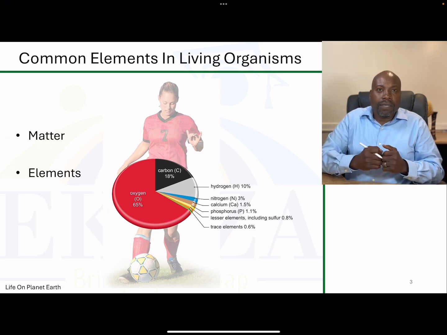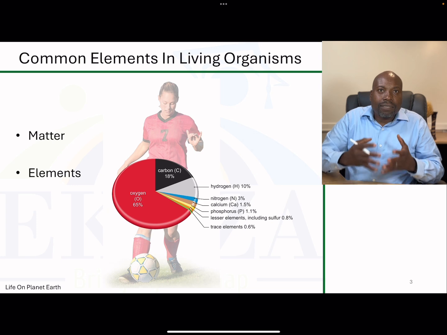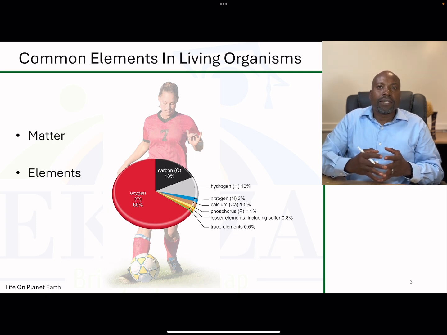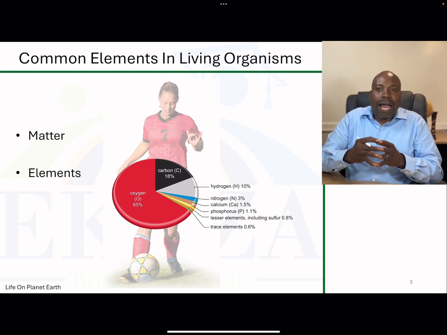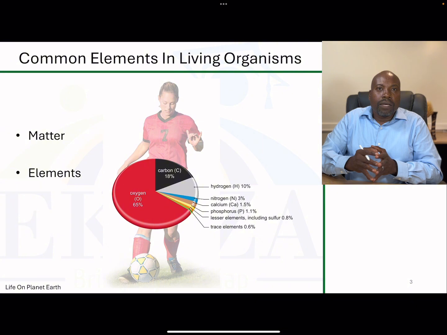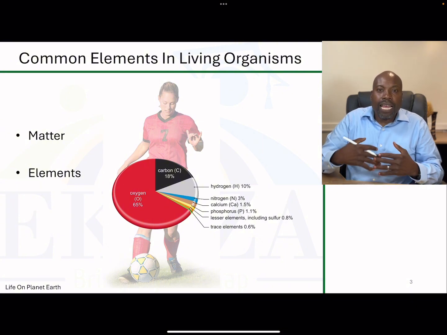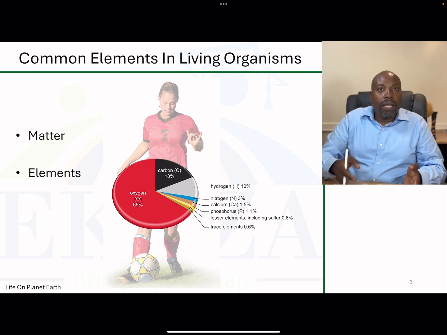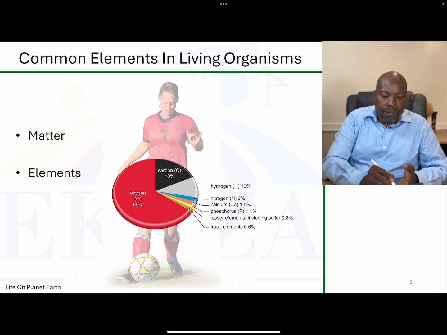That property of being made up of a mass, where we can quantify the amount of matter in a human organism and the volume that that matter occupies, we say that we are made up of matter.